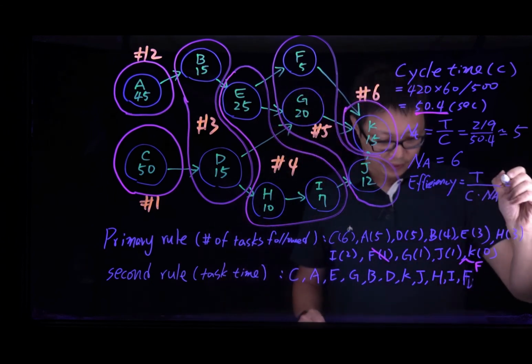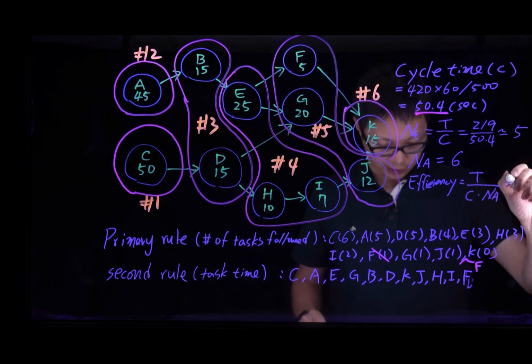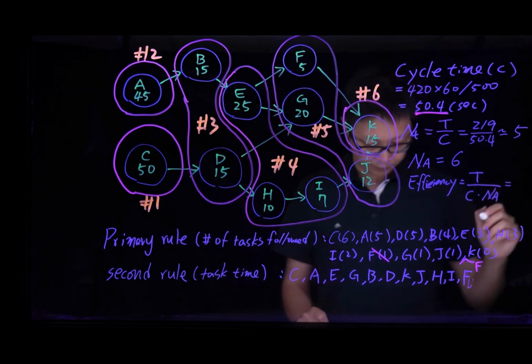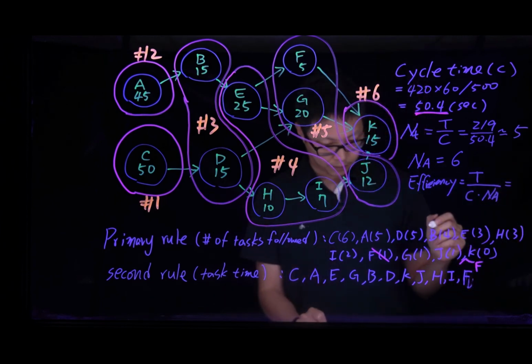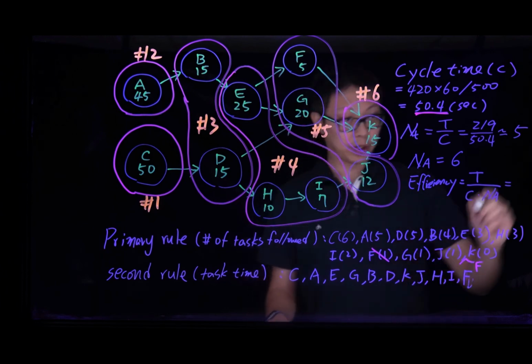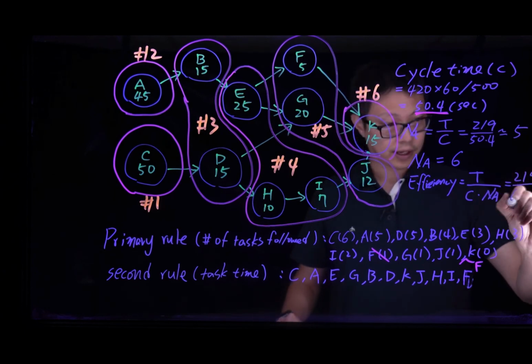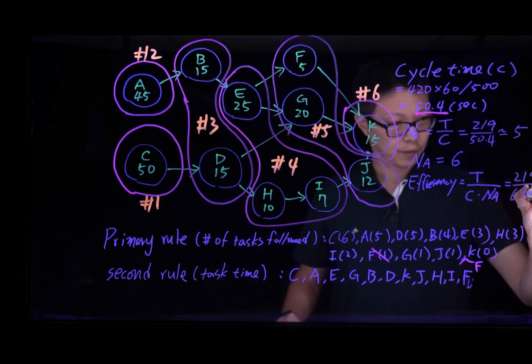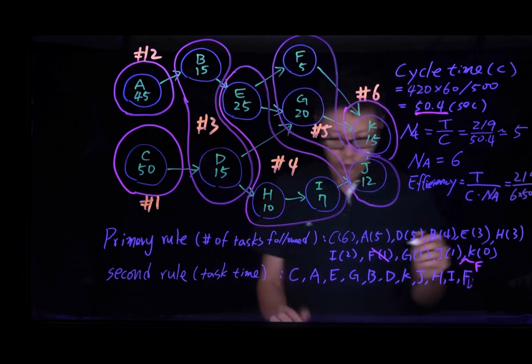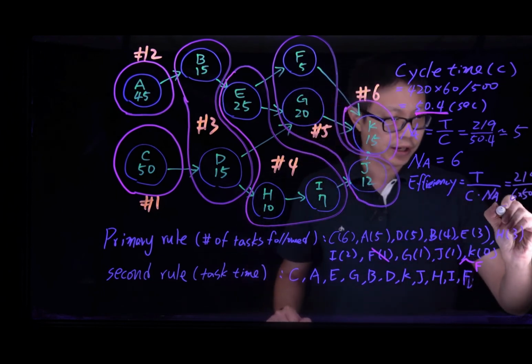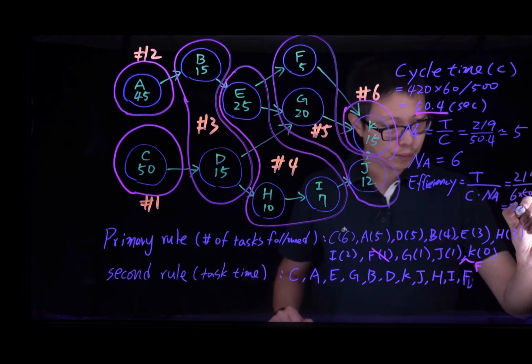And when we divide that, it will be 219 divided by 6 times 50.4. Okay, which means the efficiency is about 72.4.